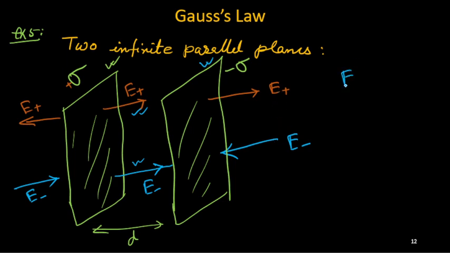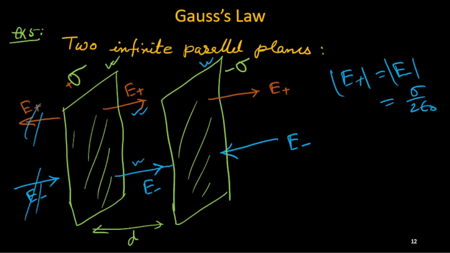You can see that E plus and E minus have the same magnitude, because it depends on sigma upon 2 epsilon naught. Both have the same sigma, one positive and the other negative, that's all. So these two will cancel. Outside the plates it is 0. On this side also, these two will cancel.